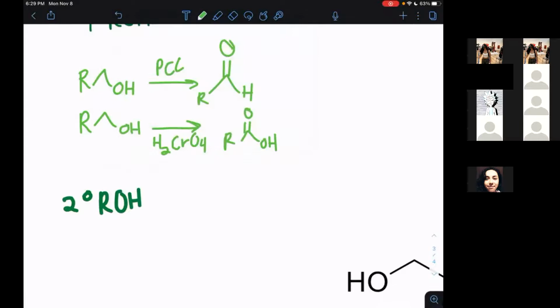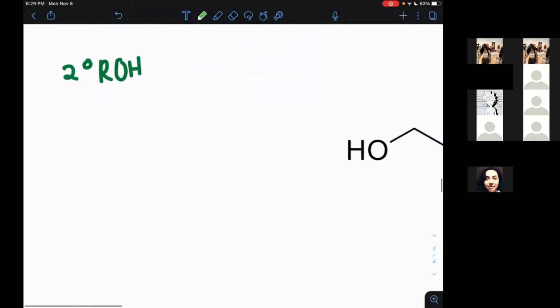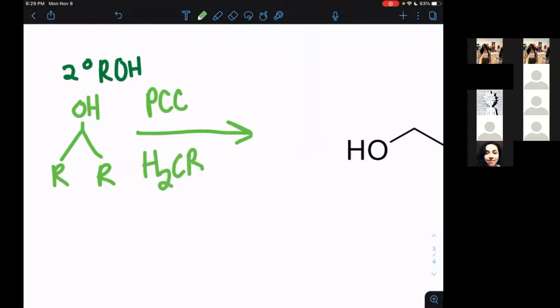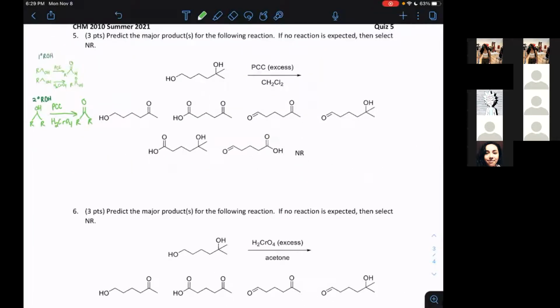And then for 2 degree, they both get you a ketone. Anyway, so those are the rules for it.